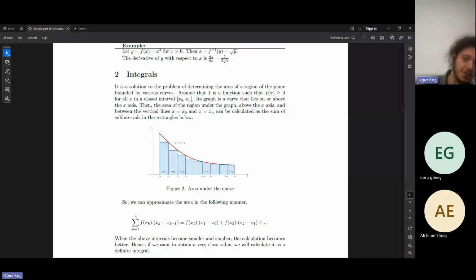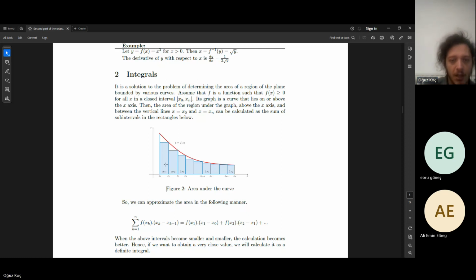We want to calculate the area under this region, and therefore we need to use the integral. It's kind of like calculating rectangles by dividing the region into n parts.